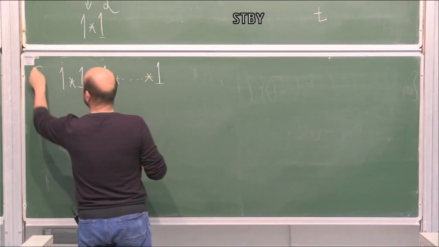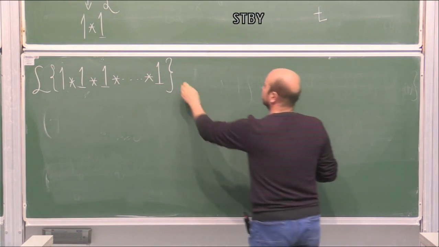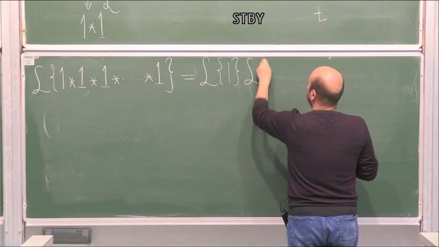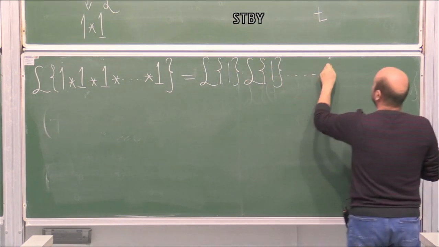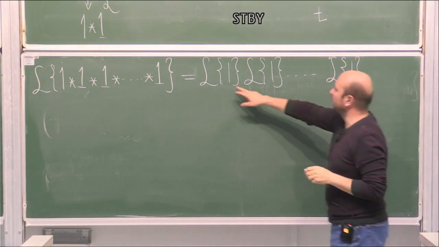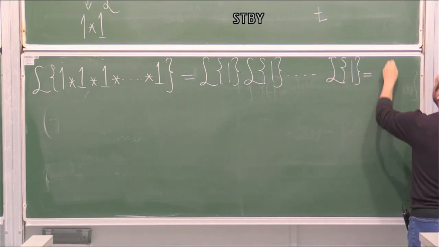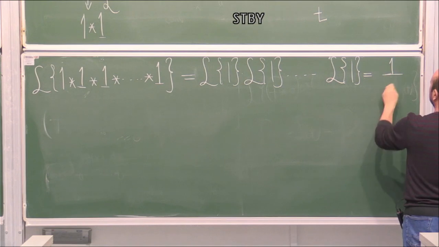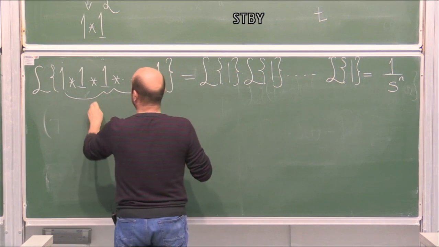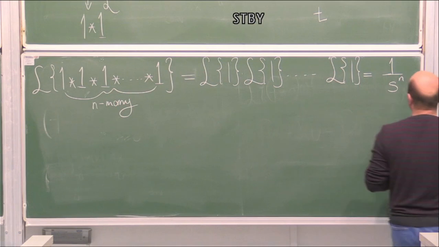So if you take the L of this, then this is L of 1 times Laplace of 1, until the last one. And we know that this is 1 over s, this is 1 over s. So eventually, we get 1 over s to the n, if you write n many. Okay. So then we have 1 over s to the n.